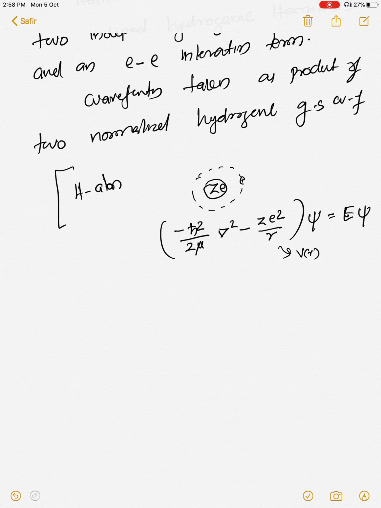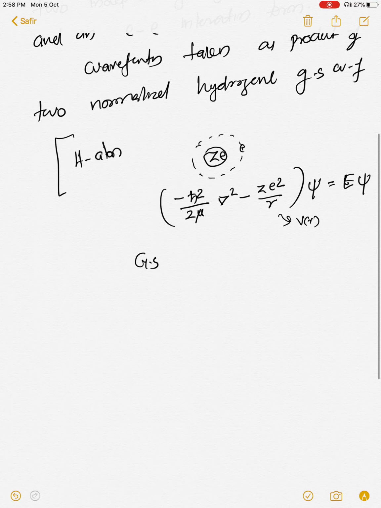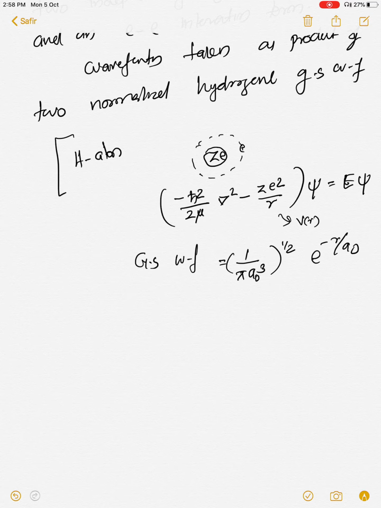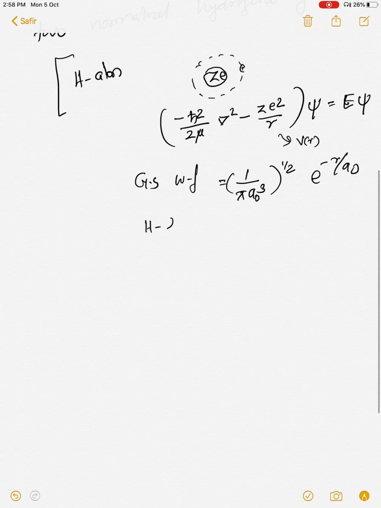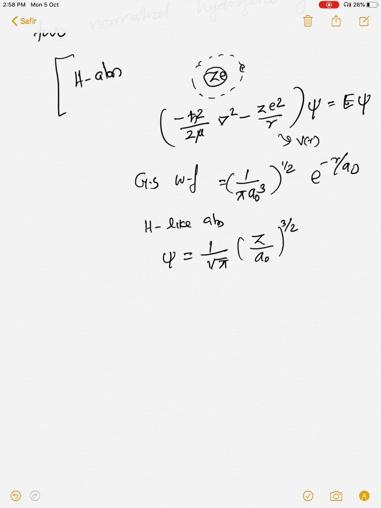And what is the ground state wave function? 1 by pi a0 cube all raised to half, e power minus r by a0. For a hydrogen-like atom in general we can write the wave function as 1 by root pi, Z by a0 all raised to 3 by 2, e power minus Z r by a0. This is simply prerequisite knowledge from the hydrogen atom.